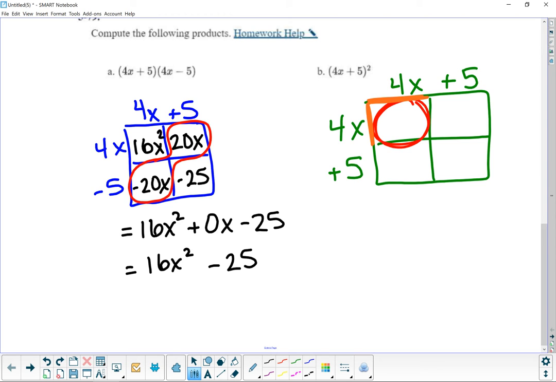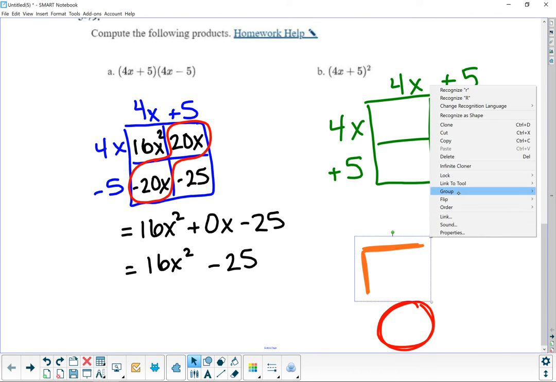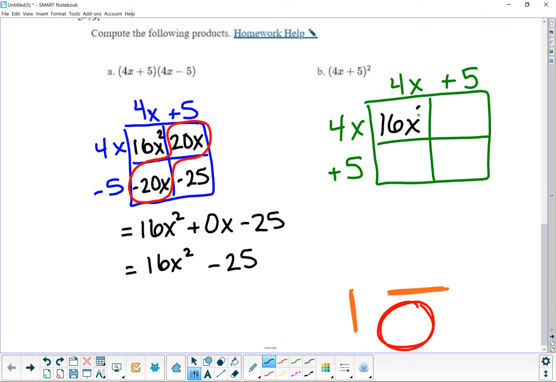And the length is 4x and the width is 4x. So 4x times 4x, or first of all, 4 times 4 is 16. And x times x is x squared. There's two of those x's.